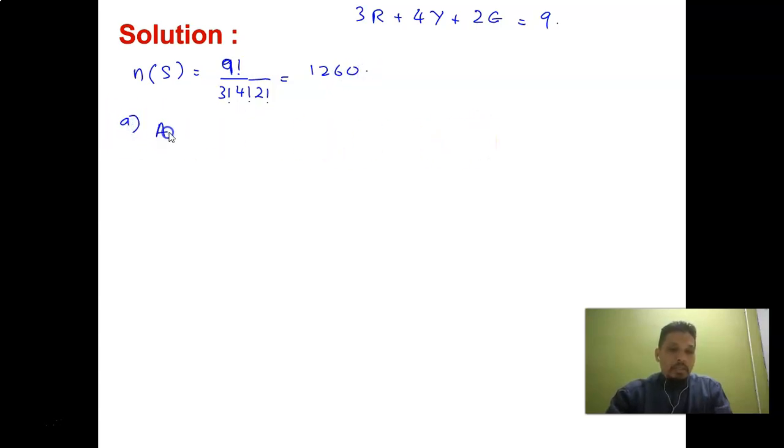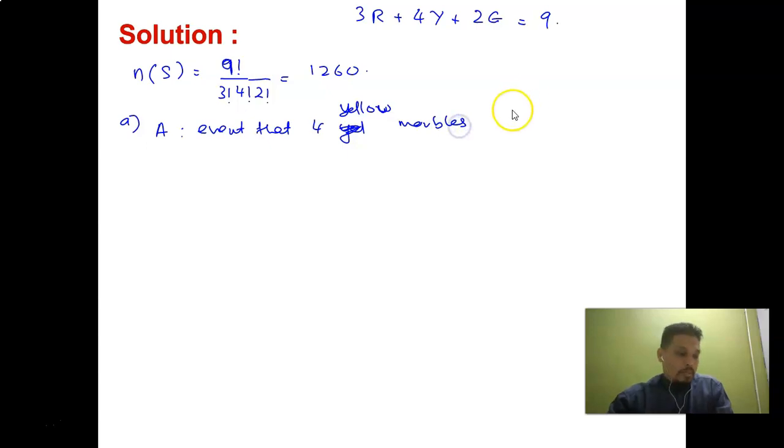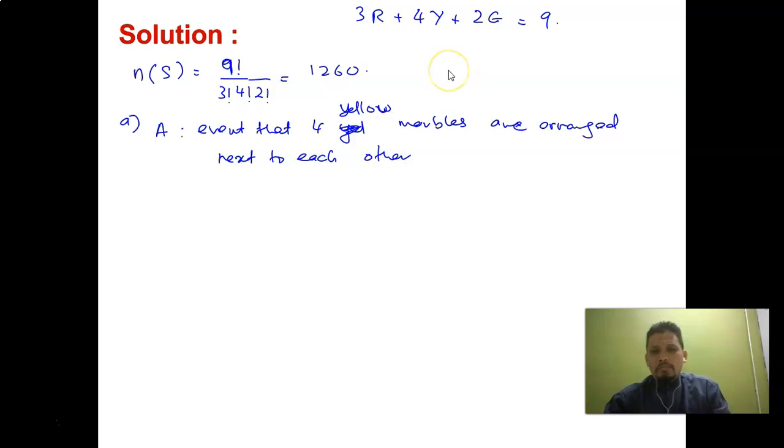So let A be the event that the 4 yellow marbles are arranged next to each other. Okay, let's give a picture of this: 3 red, 4 yellow, and 2 green.